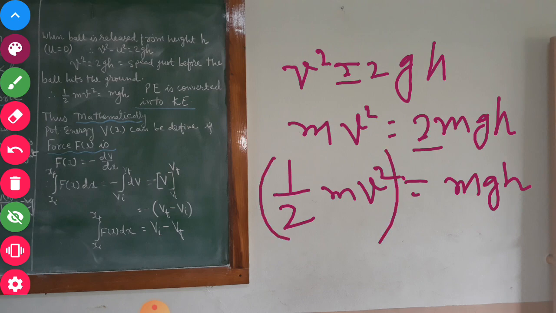So the kinetic energy when it is about to hit the ground is equal to the potential energy, or we can say potential energy is getting converted into kinetic energy.